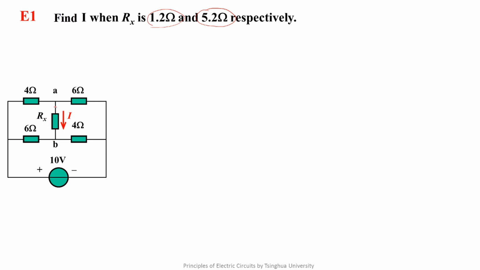So how to use the Thevenin theorem? You should see outside from terminals A and B and draw the Thevenin equivalent circuit. In other words, you can pull Rx out and see the Thevenin equivalent circuit between the terminals. You should find the open circuit voltage first and then solve the input resistance.